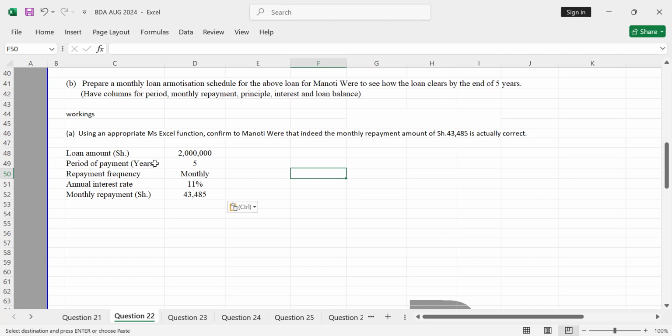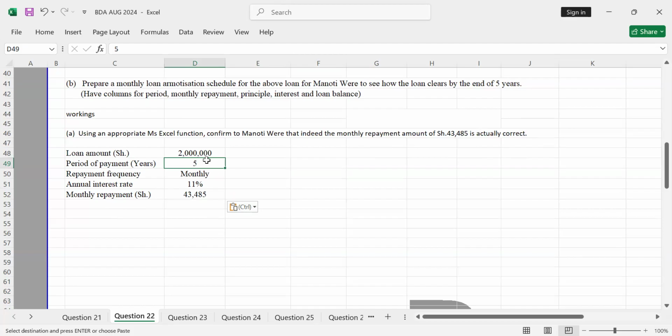So with that, we can just begin using the appropriate MS Excel function. Confirm to Manoti Wele that indeed the monthly payment of 43,485 is actually correct. But first, here we've been given the period in years.